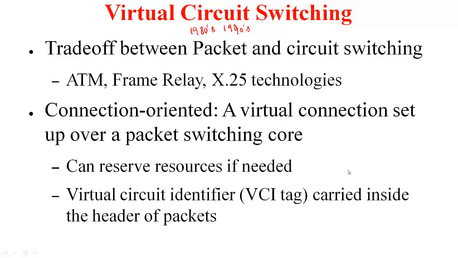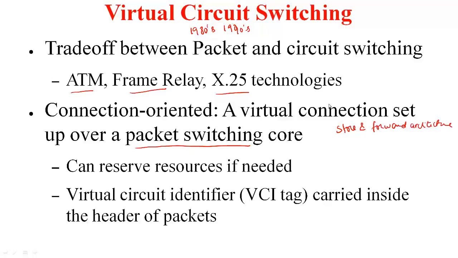So as a trade-off between datagram packet switching and pure circuit switching, virtual circuit switching was proposed. This found use in different technologies, ATM, frame relay, X.25, and so on. A point to note is virtual circuit switching operates over a packet switching core, by which I mean underlying this is the store and forward architecture.